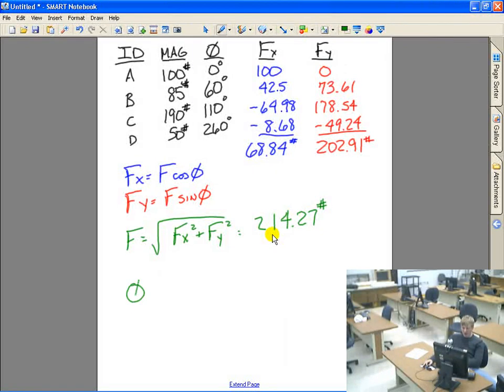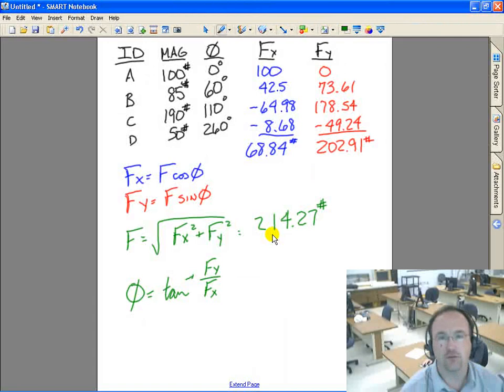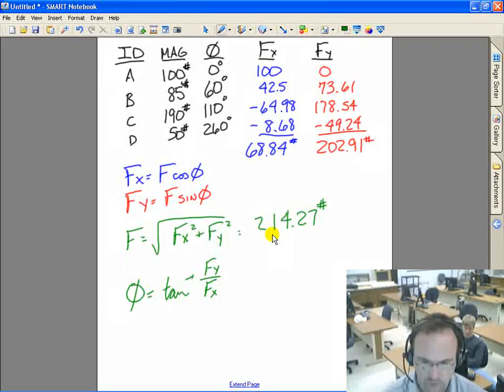And our phi is going to be equal to the inverse tangent of Fy over Fx, both of which are positive, which puts us in the first quadrant.